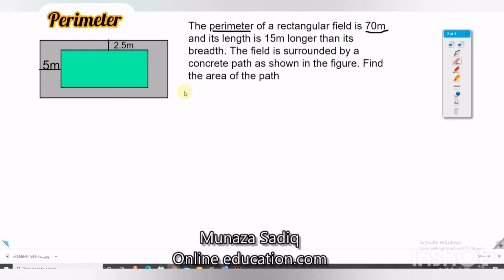So we need to suppose that breadth is equal to, let the breadth of the rectangular field be equal to x meter.